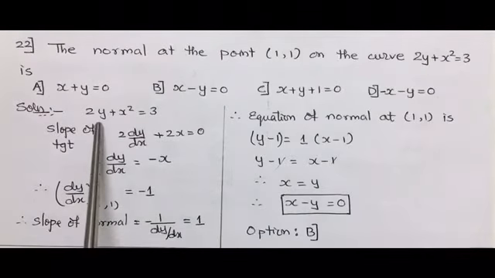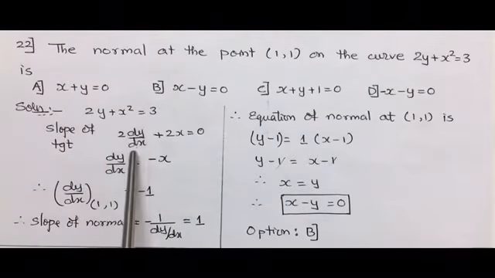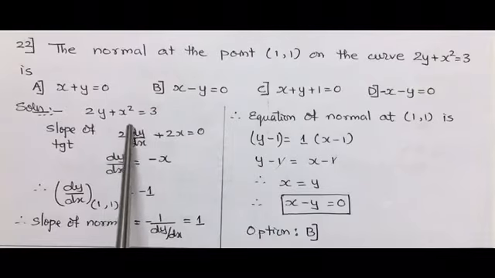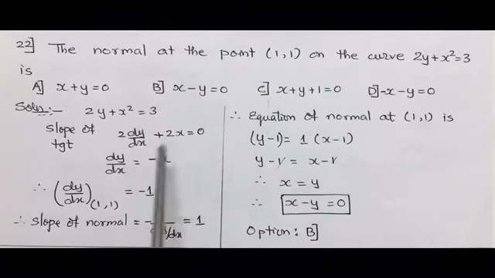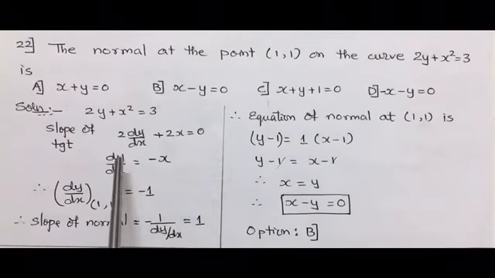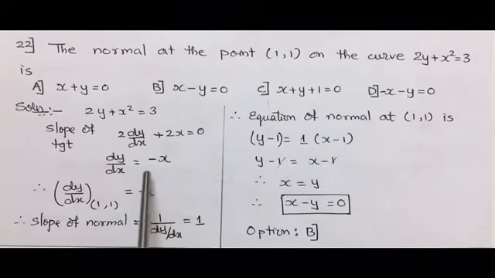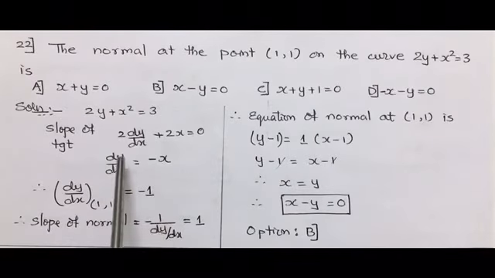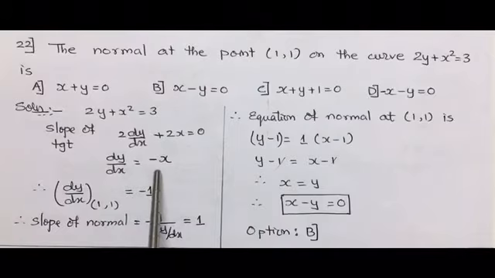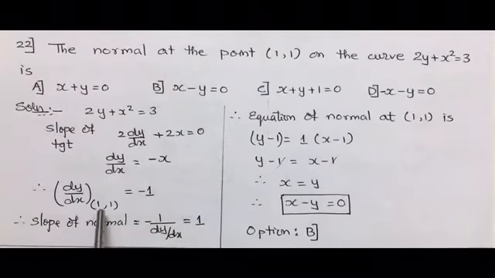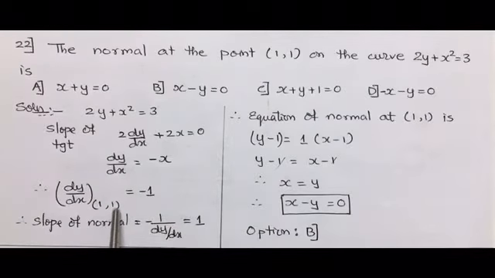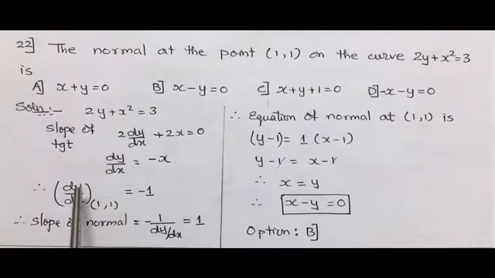So we get here 2 dy by dx plus 2x is equal to 0. Making dy by dx the subject, we get dy by dx is equal to minus x. At the point (1, 1), the value of dy by dx is equal to minus 1.